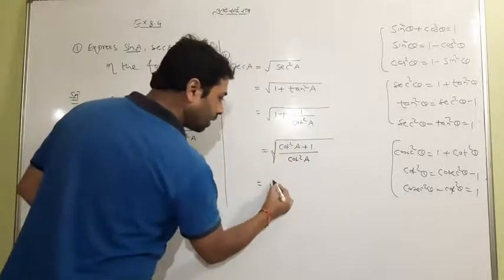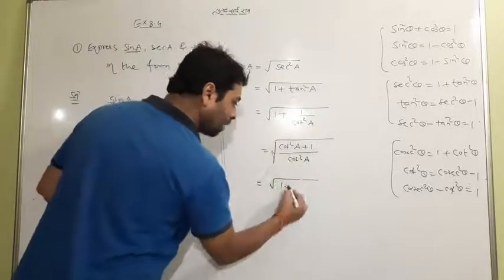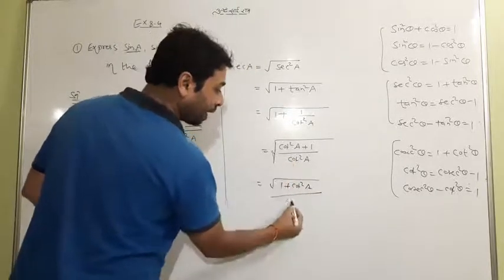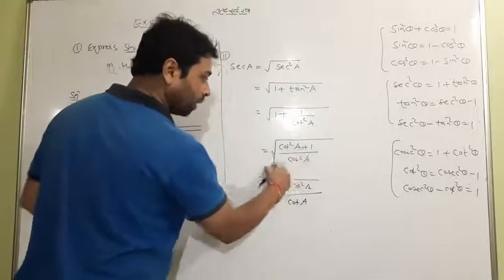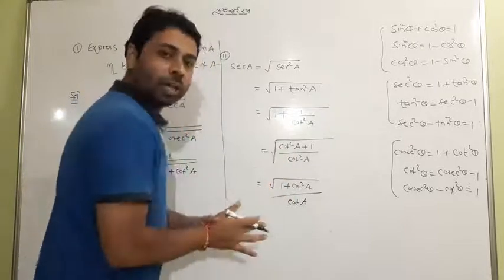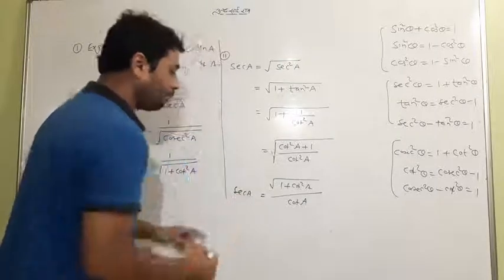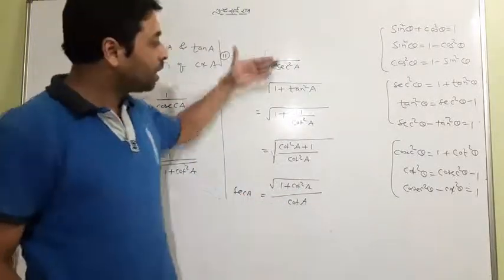Now the last answer is 1 plus cot square A. As it is, I want to write it; it cannot come out, but that cot square A can come out as cot A because it is under the root sign. Now it is cot A only, and that is how you have got sec A in the form of cot A.